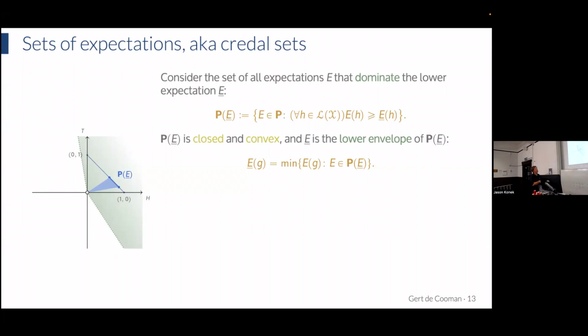And you can show that the value of the lower expectation is the minimum. So I'm going to evaluate the gamble G: I take any expectation in this set of dominating expectations, take the expectation of G for that expectation, and then I get a set of real numbers. I take the minimum of that set, and that minimum is actually equal to my lower expectation.